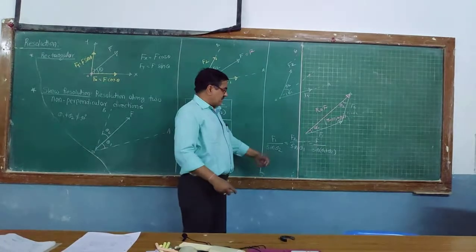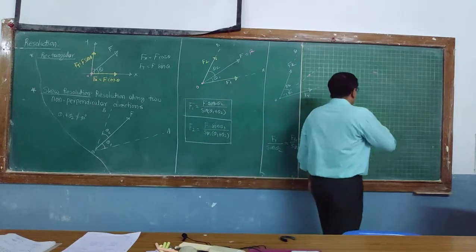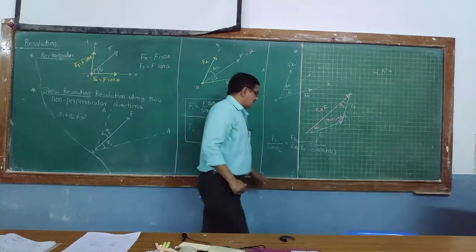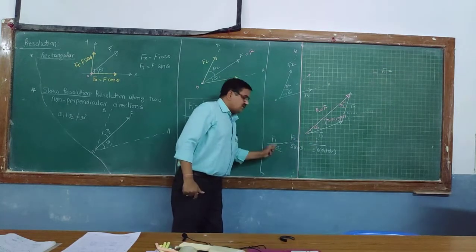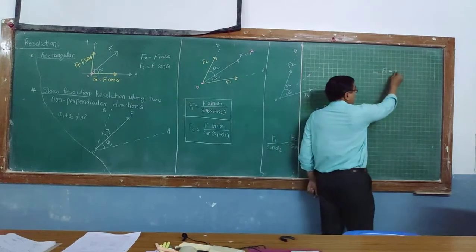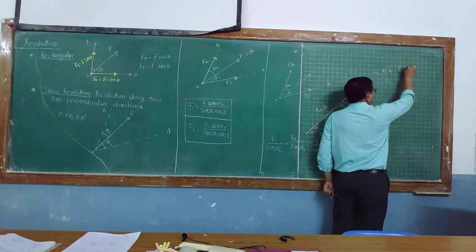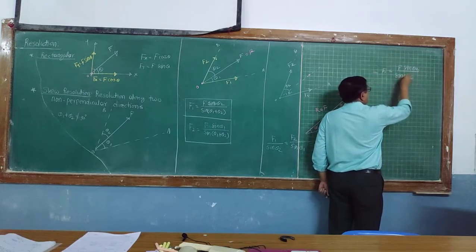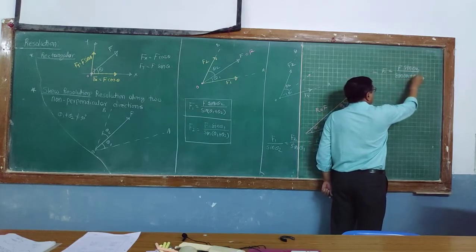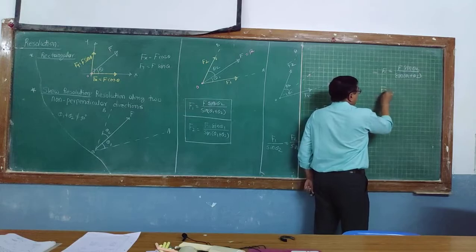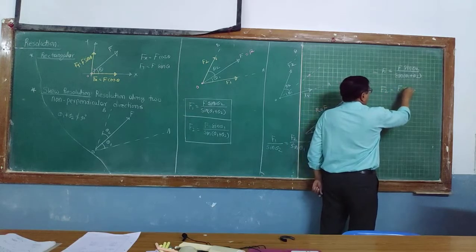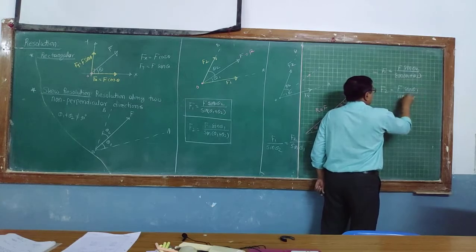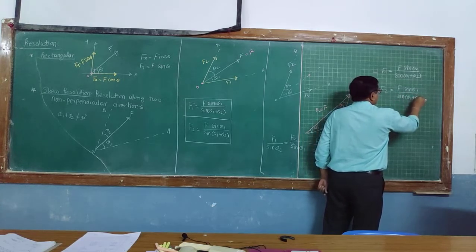So rearranging the equation for F1 and F2, we can write: F1 is equal to F into sine of theta 2 divided by sine of (theta 1 plus theta 2). Similarly, F2 is equal to F into sine of theta 1 divided by sine of (theta 1 plus theta 2).